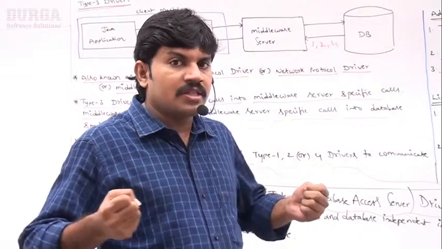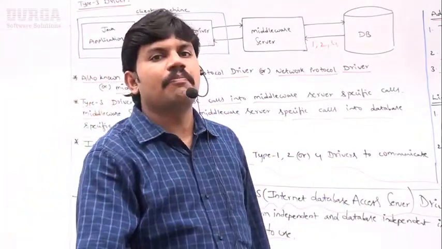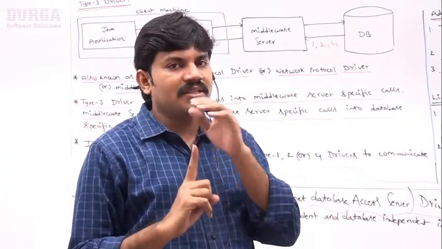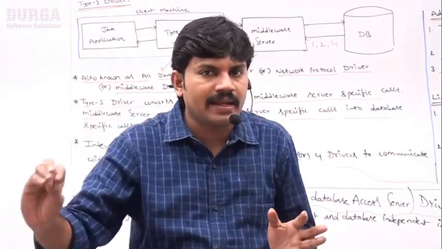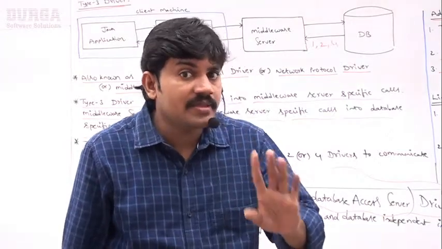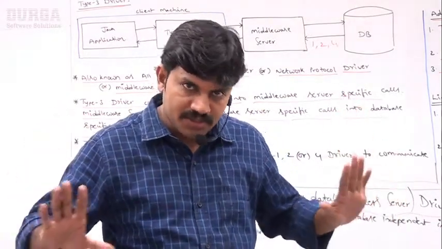The specialty of the type 3 driver is that it is database independent and platform independent. For any database, for any platform, one type 3 driver is enough. Internally, the total burden, the total headache, is taken care of by the middleware server. That's all. This is about the type 3 driver architecture. Clear, right?